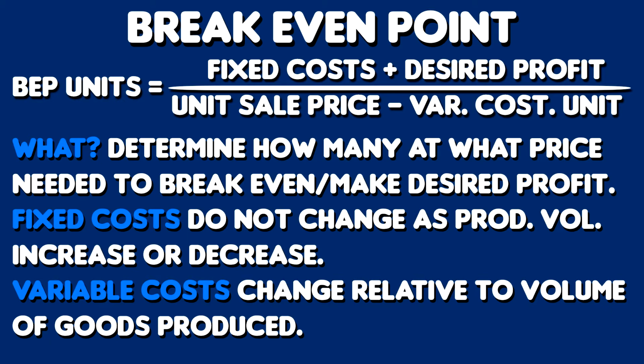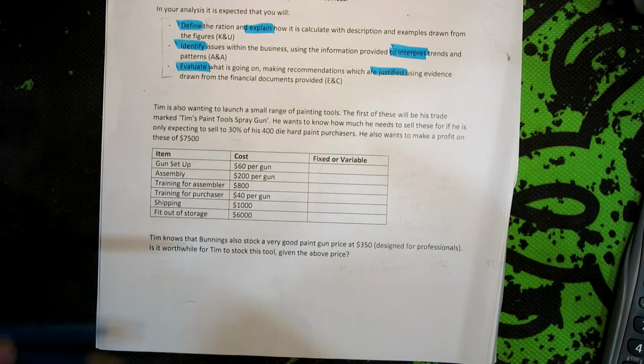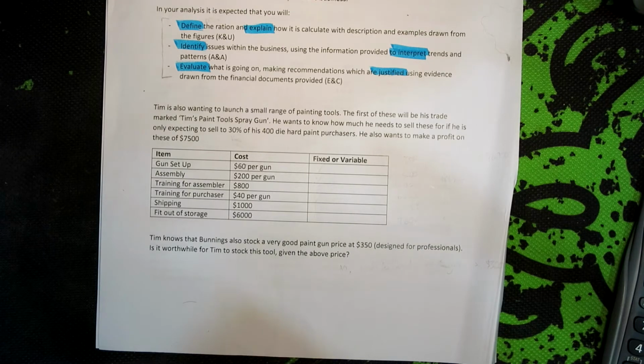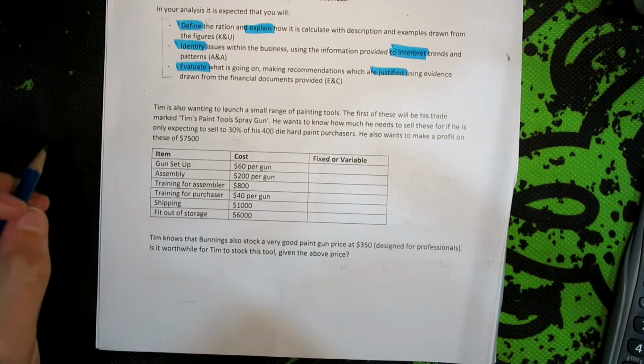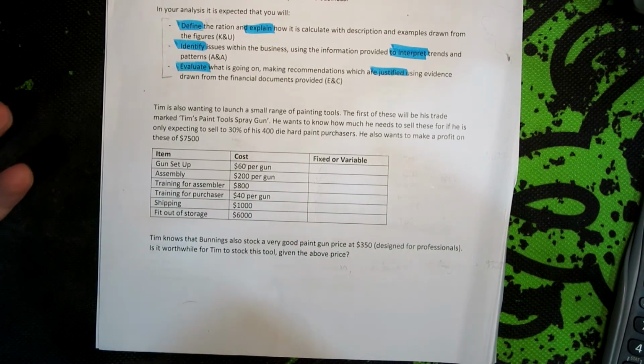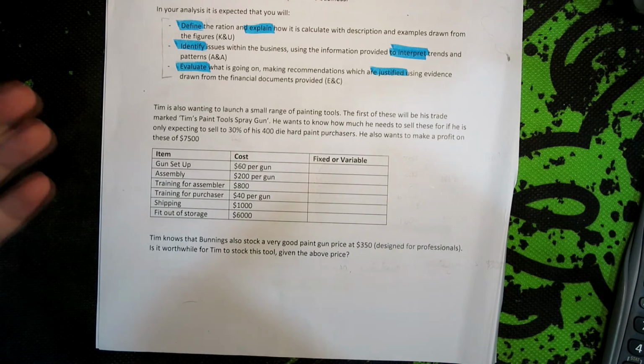We'll work through a break-even point analysis now so you can see the implementation and how to rearrange a formula for this. Now that we understand what the break-even point is and how we can get to it, we'll put that into a situation. First off, we need to start by determining what our variable costs are and what our fixed costs are.